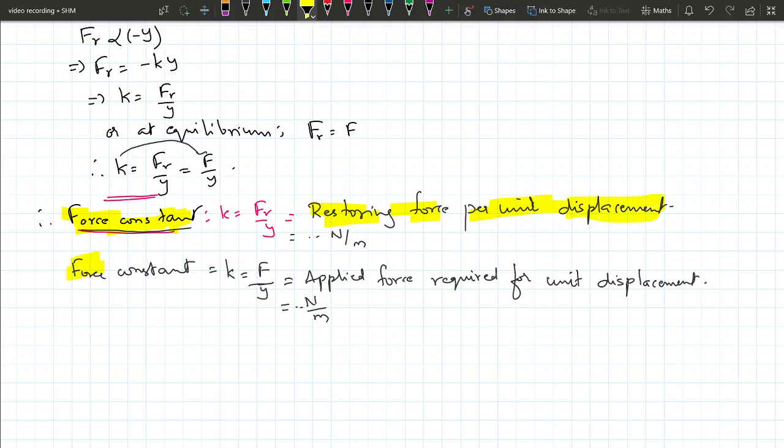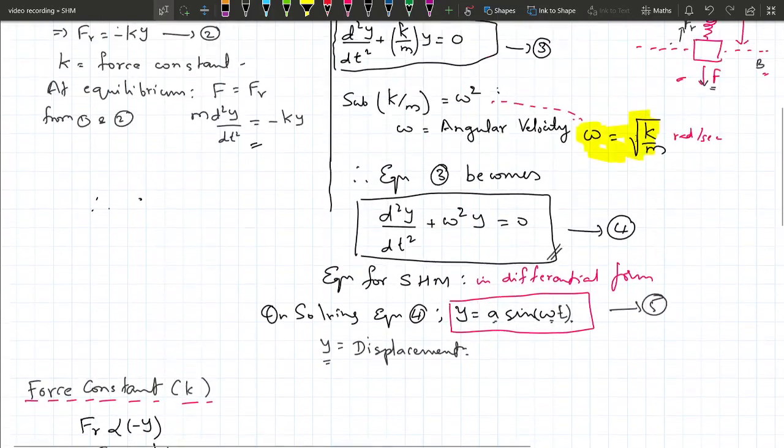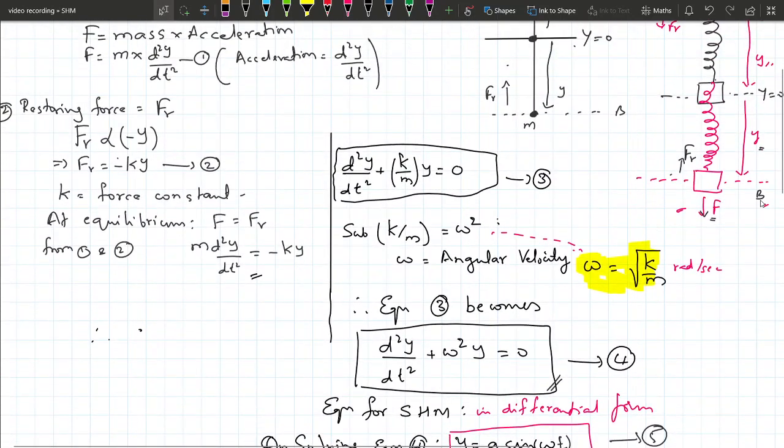You can also define it in another way: the applied force required for unit displacement is called the force constant. If you look at the diagram here, if I want a displacement of 1 unit, what is y?